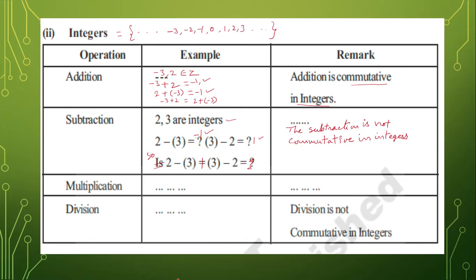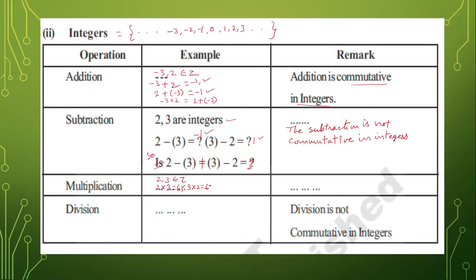What is the third operation? Multiplication. Now we move to the third operation. If you take any two numbers, 2 and 3 belong to Z. That means these two are integers. You multiply 2 into 3, and then you change the order, 3 into 2, that is 6.